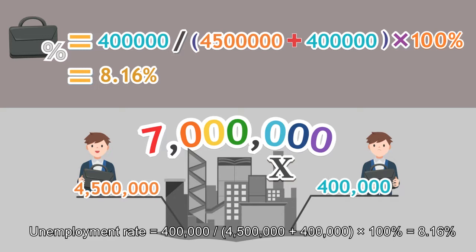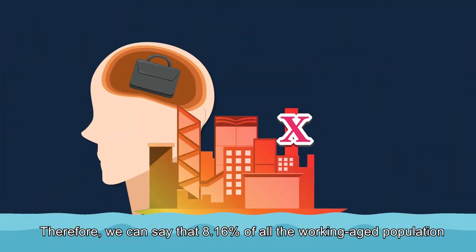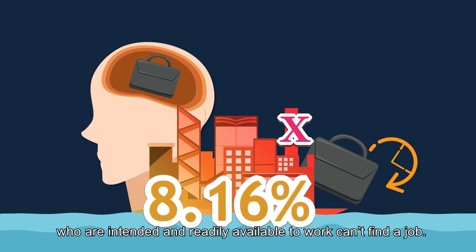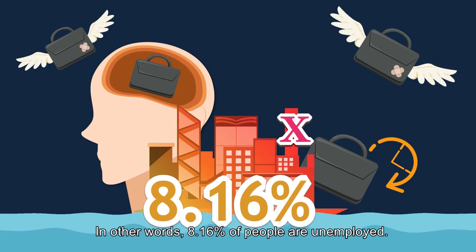Unemployment rate equals 400,000 divided by 4,500,000 plus 400,000 times 100%, equaling 8.16%. Therefore, we can say that 8.16% of all the working-aged population who are intended and readily available to work can't find a job. In other words, 8.16% of people are unemployed.